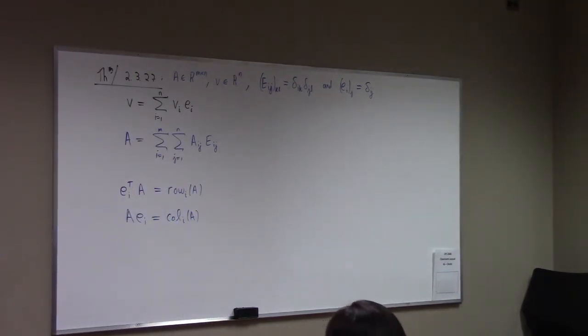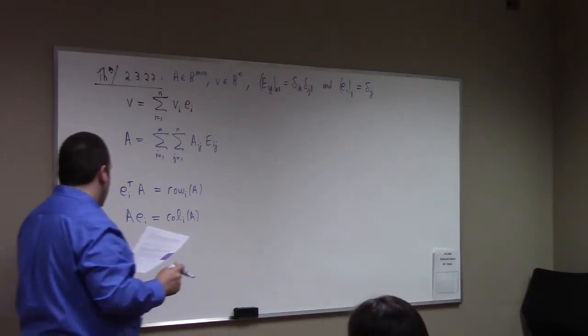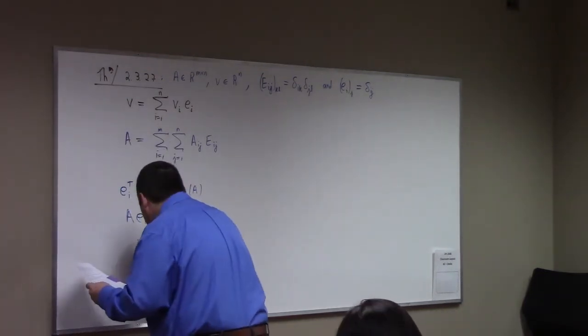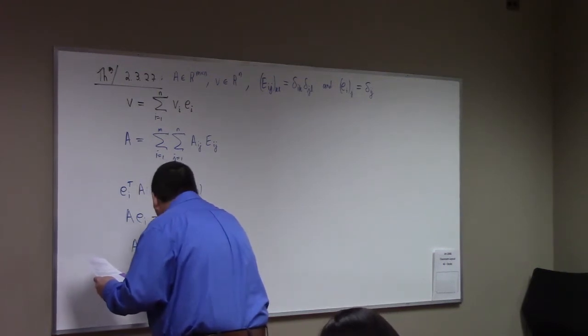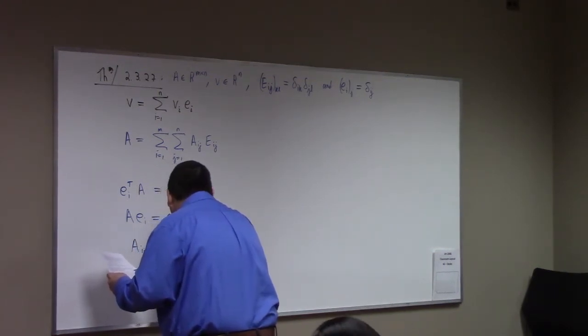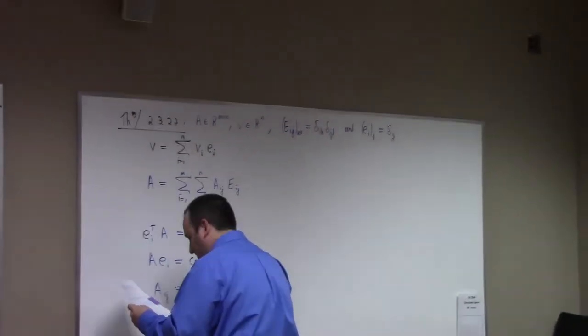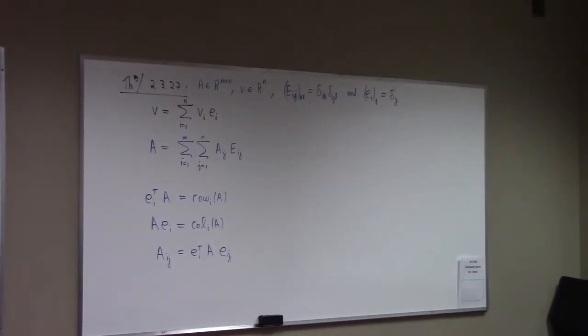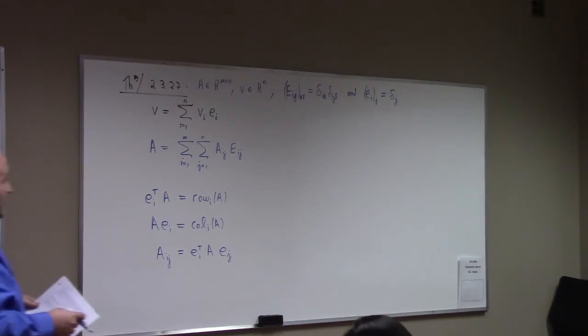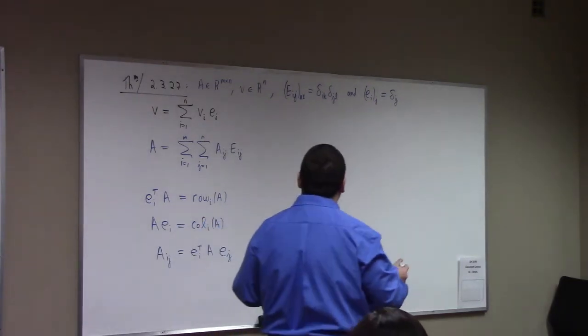I can do that. I can do more. I can calculate the ij-th component of A by ei transpose A times ej. These are things we can do with the standard basis and the matrix units.